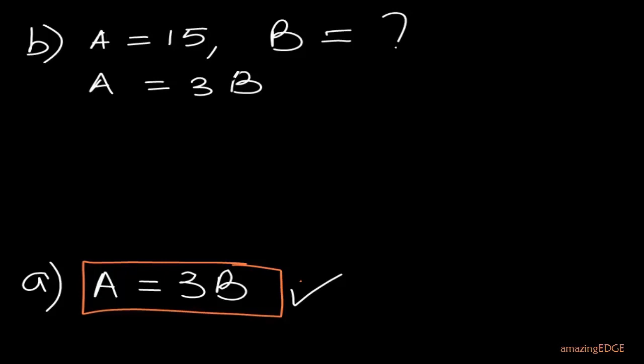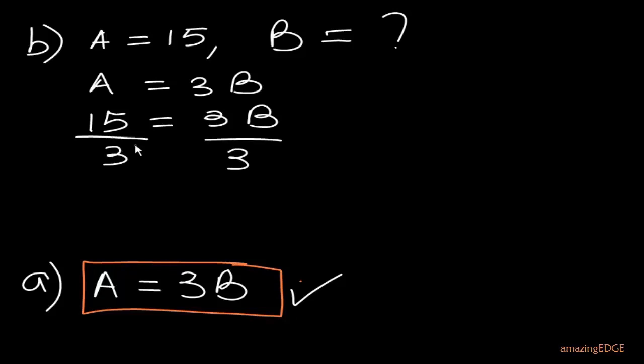Alright. Now, what is our A? Our A is 15, so 15 is equal to 3B, and we are looking for B. To find B, you divide both sides by the coefficient of B, which is 3. 3 divides 15 gives us 5, and 3 divides 3B leaving B. It means that 5 is equal to B, so we can write that B is equal to 5.